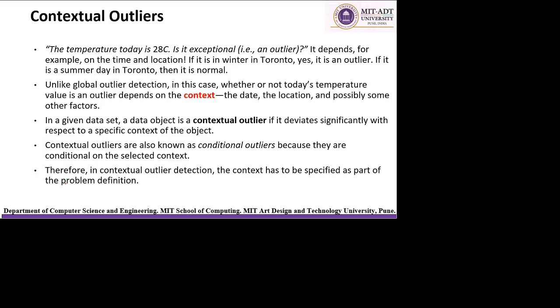The next type is the contextual outliers. The temperature today is 28 degrees Celsius. Normally, if we have 45 degrees Celsius in the month of December in Pune, it is not the normal case.